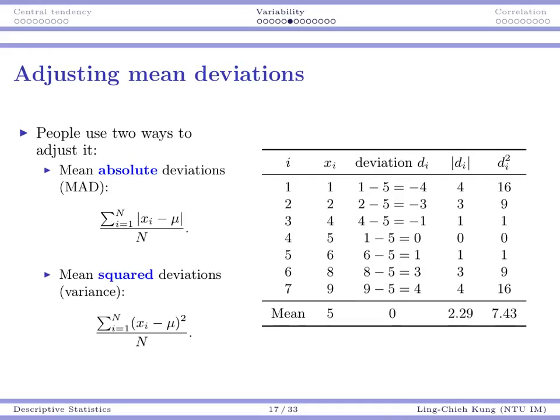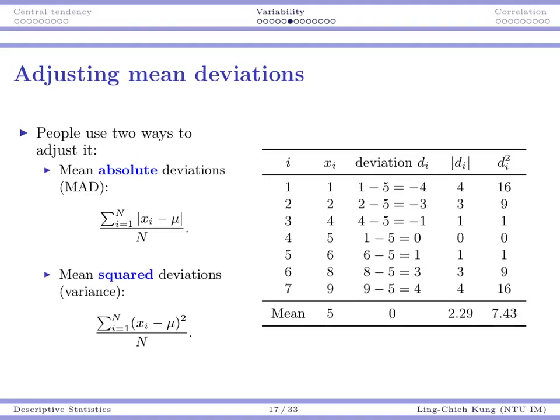So in our example here, we have all the deviations, right? If we take absolute value, negative things will become positive. And then the average here is 2.29. That's our MAD. And if we take the square, then -4 becomes 16, -3 becomes 9, and so on. Summing up all these numbers and dividing by 7, we get this. This is our variance, the variance of this set of data.